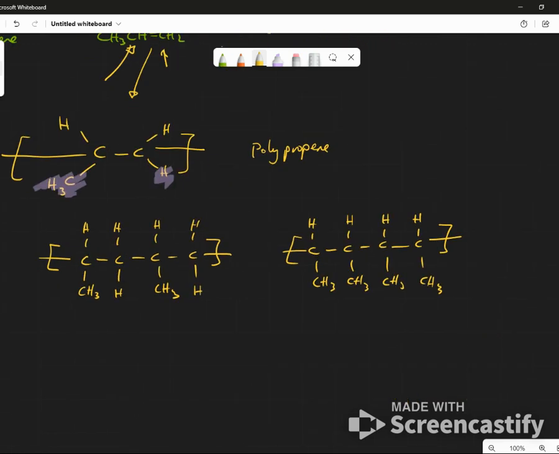And can you see they're not the same polymer, are they? They're different polymers. The one on the left is polypropene, and the one on the right is polybutene. Are we good? Can you see they're different? They're not the same at all. Are we good that they're different? And you can see the difference.